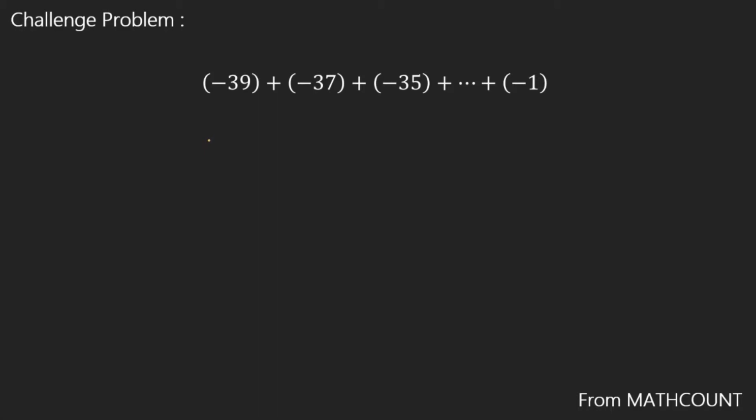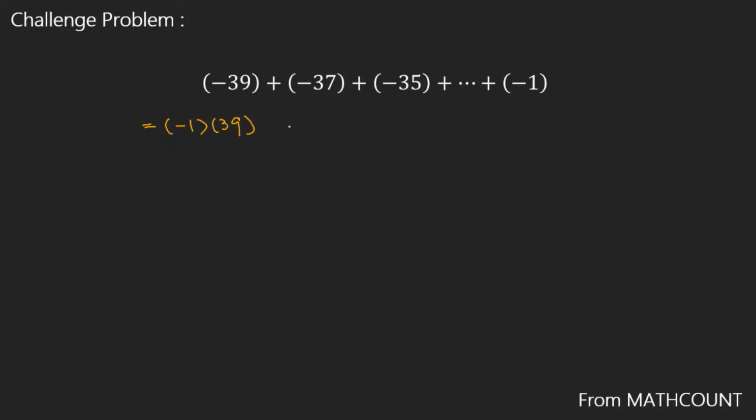Let's look at this challenge problem. We have negative 39 plus negative 37 plus negative 35, and so on and so forth, all the way to negative 1. So in this problem, let's first try to take out the negatives. So we can rewrite negative 39 as negative 1 times 39.